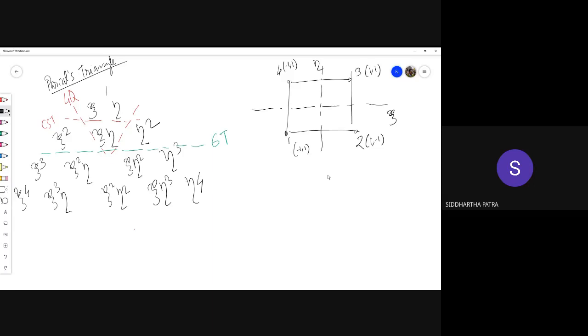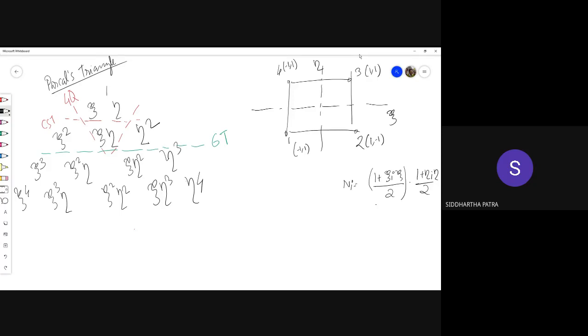So the ith shape function looks like this: 1 plus xi_i xi by 2 times 1 plus eta_i eta by 2. Individually these are the shape functions for the linear bar element. Essentially it's like a bar element in the xi direction multiplying a bar element in the eta direction.